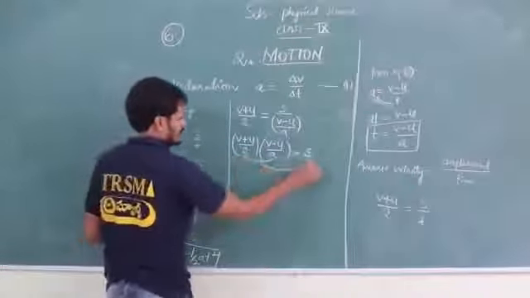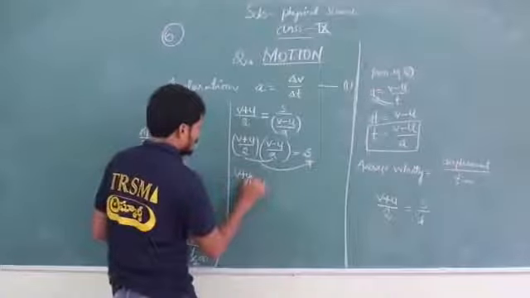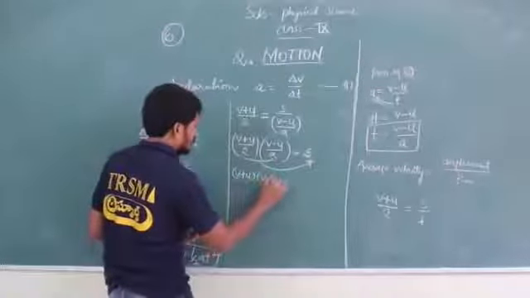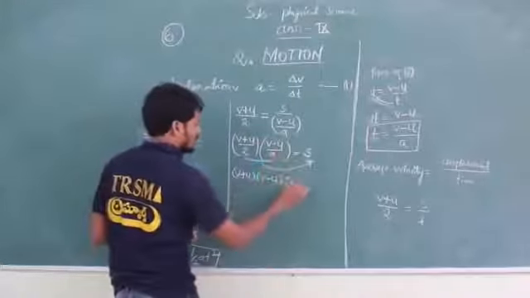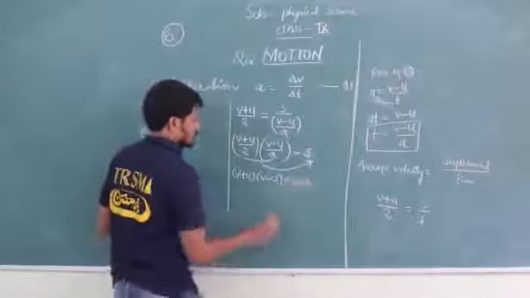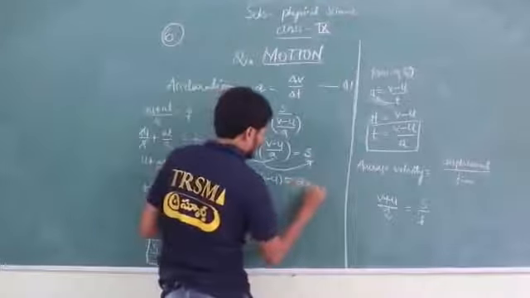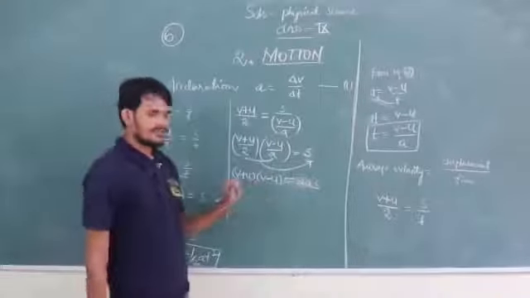Now sending 2 into a to this side, it becomes (v plus u) into (v minus u) is equal to 2a into s, 2as. Now see here, v plus u into v minus u.